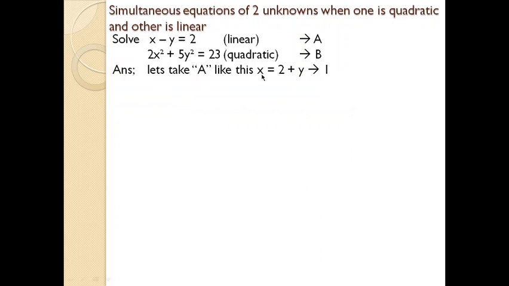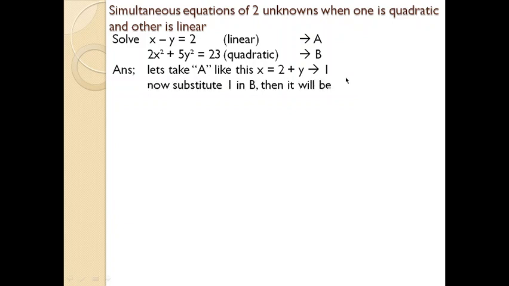Now you have to convert it into x equal to 2 plus y. The purpose is that we are going to substitute A in B. So let's take A like this: x equal to 2 plus y, let it be equation 1.